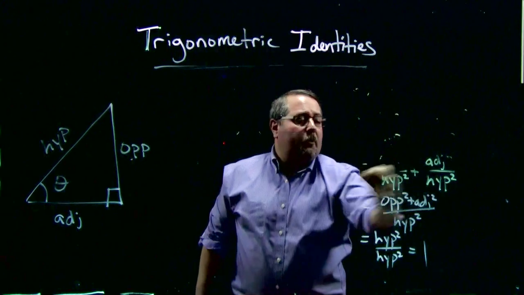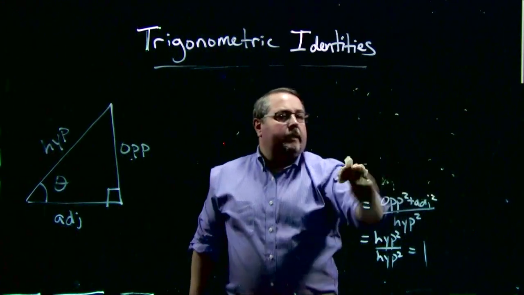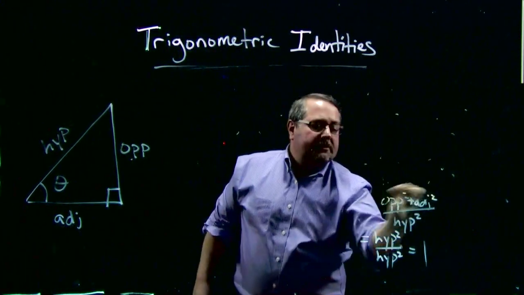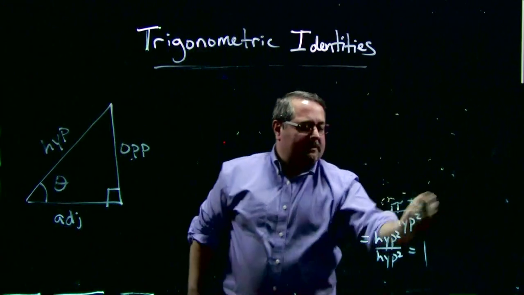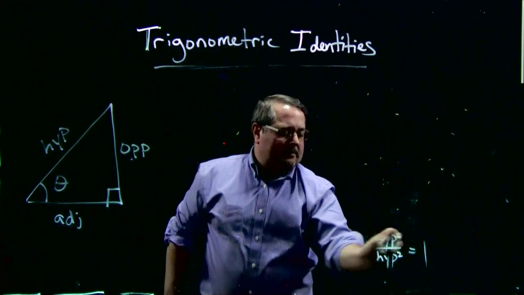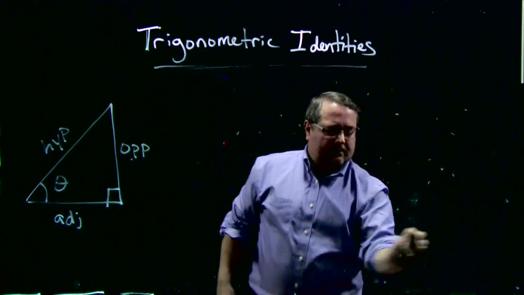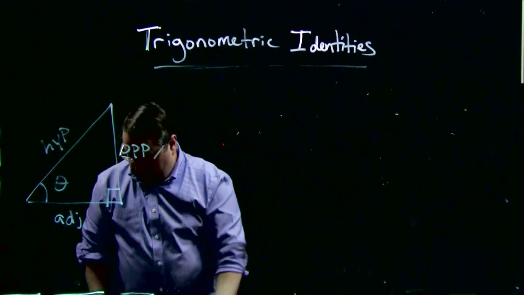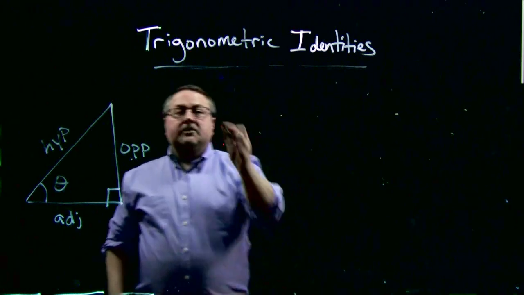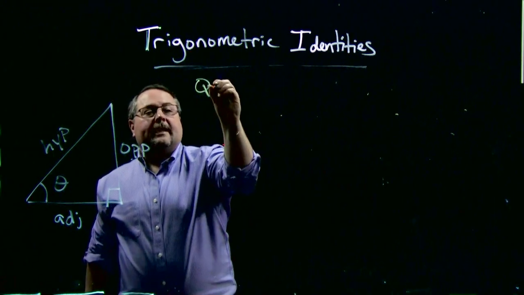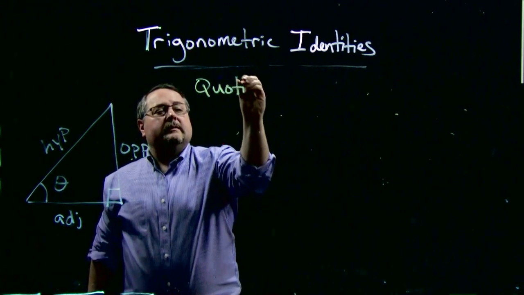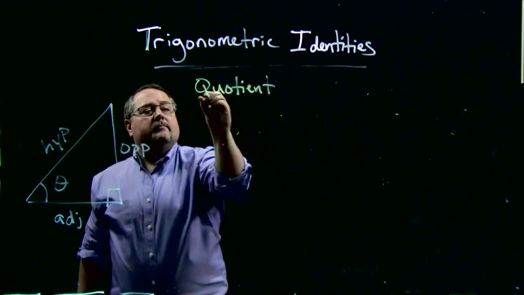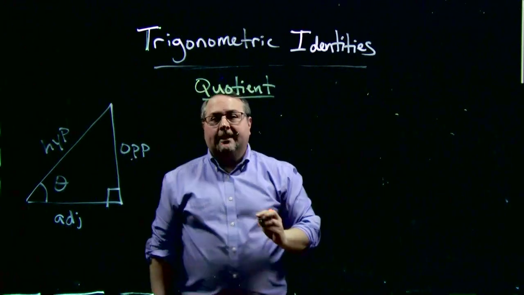Okay, so the next set of formulas we're going to look at involve taking quotients of our 6 trig functions. Okay, these are the so-called quotient identities. Okay, so there are 2 quotient identities.